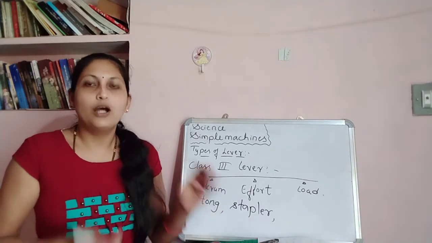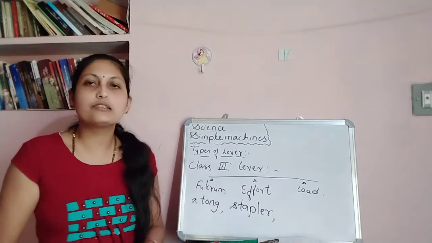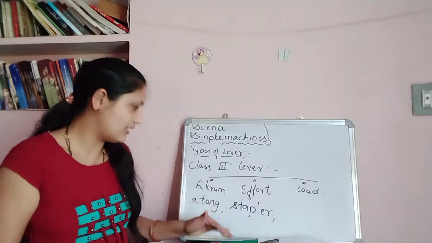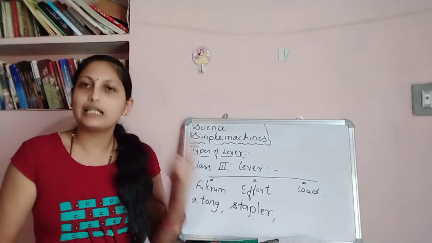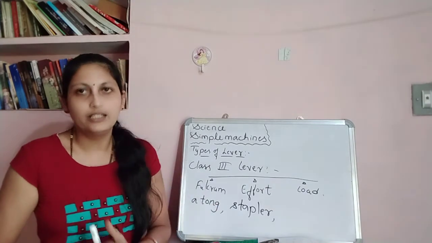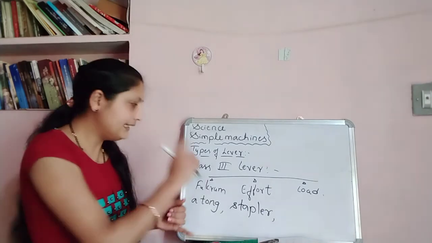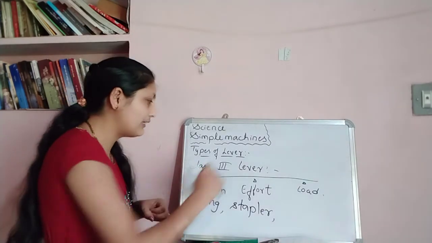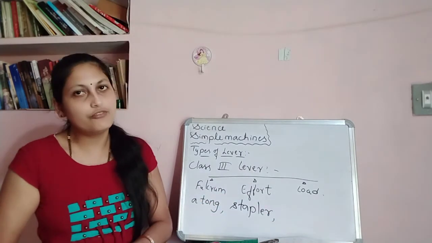Load is the object on which we are going to work and effort is the force applied. On the basis of position of these three, fulcrum, effort and load, we have three types of lever, class 1, class 2 and class 3. In class 1, fulcrum is at the center. In class 2, load is at the center, and in class 3, effort is at the center. So these are the three types of levers.